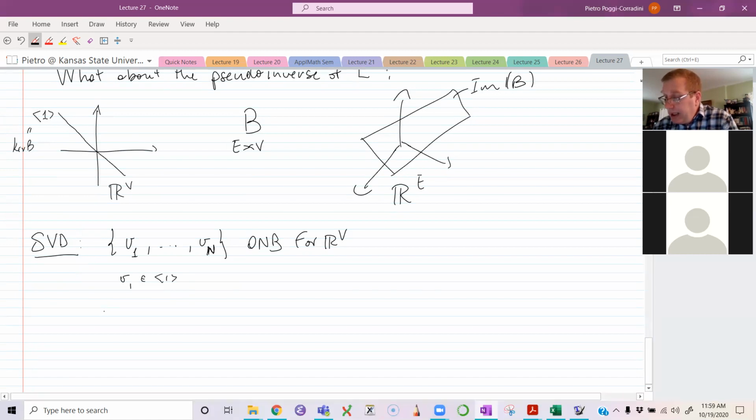And in the image, we'll get some vectors U1 through Un, and then some extra vectors.